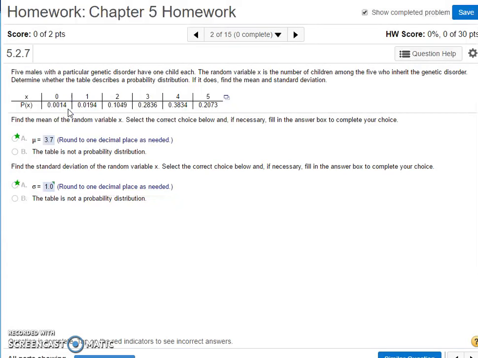If you're in Excel, you can use something called a sum product, or you could go ahead and multiply 0 times the probability, add it to 1 times the probability, add it to 2 times the probability, plus 3 times the probability, plus 4 times the probability, plus 5 times the probability, and that would get you your result.